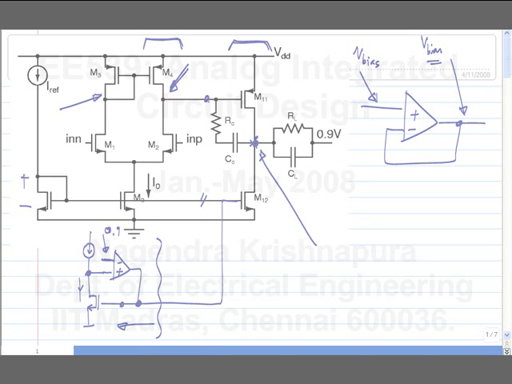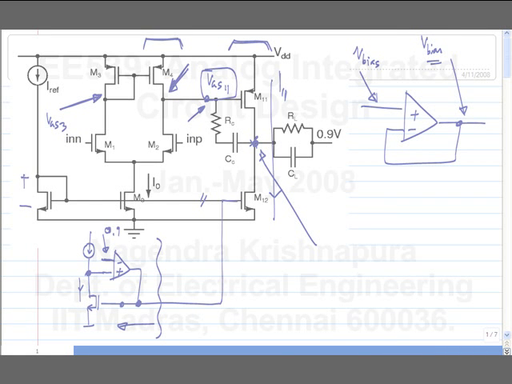So let me call it I11. To carry I11, this has to go to some value, VGS11. And this is VGS3. So VGS11 is the voltage needed to carry I11 in this, and VGS3 is the quiescent output of the first op-amp.